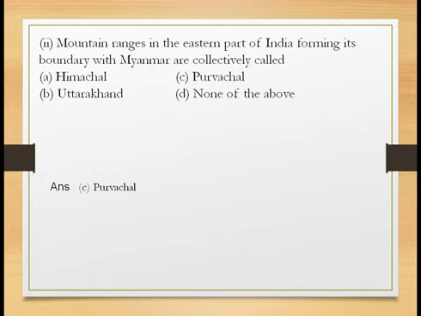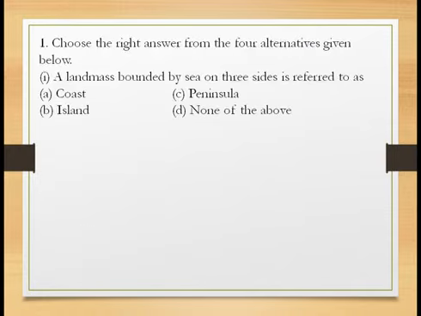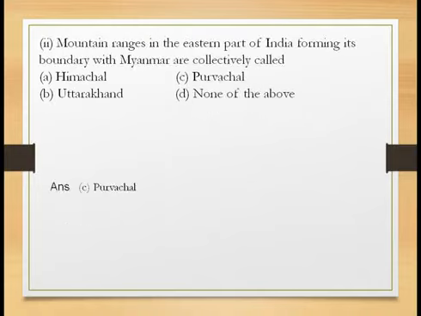Next, in the mountain range, Purvanchal is the correct one. And for a land bounded by sea on three sides, if you already know peninsula is the correct one, no need to go further. But if by chance you do not know the correct answer, at that time use this method: remove the alternatives which do not match, and from the remaining two, choose the correct one. I stated it here.